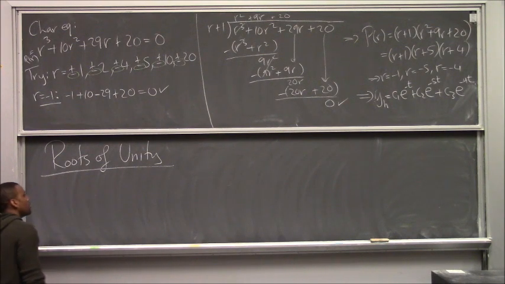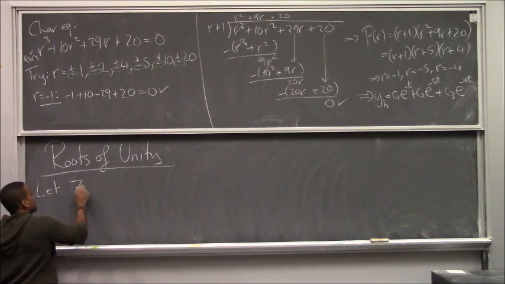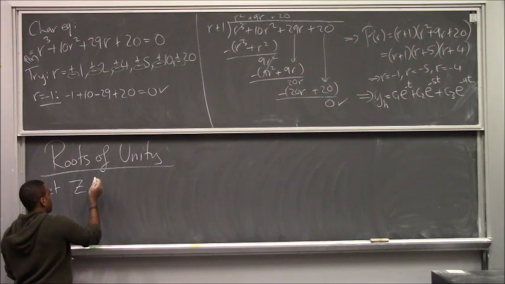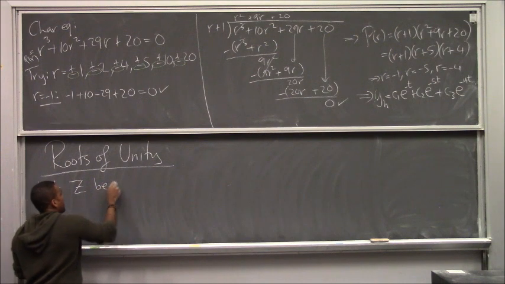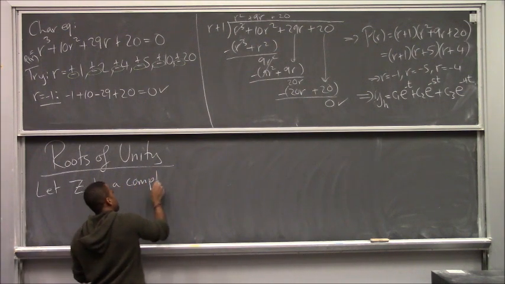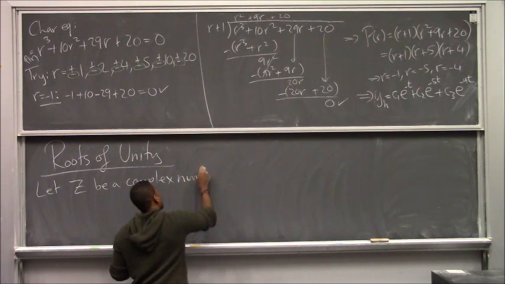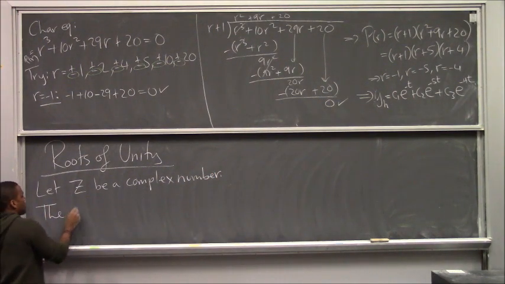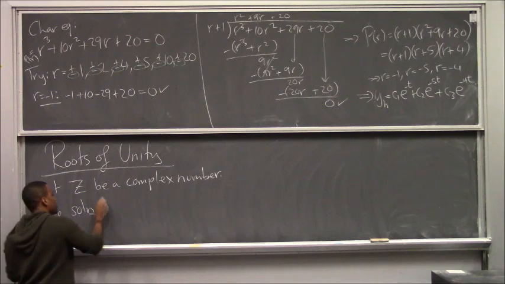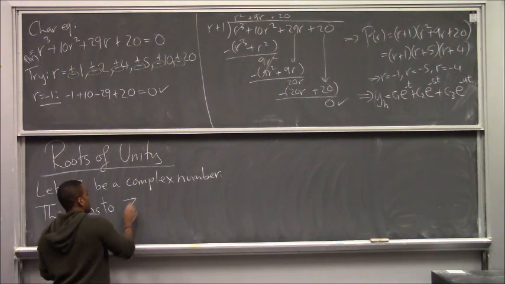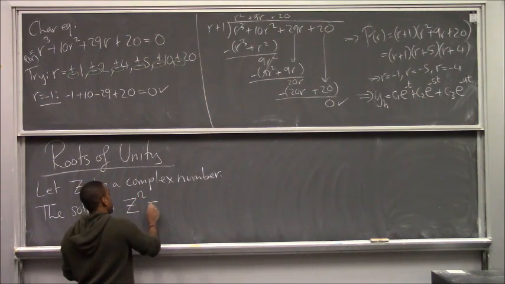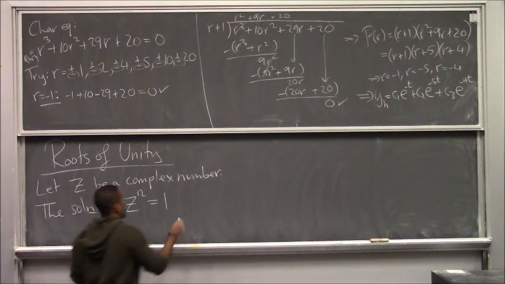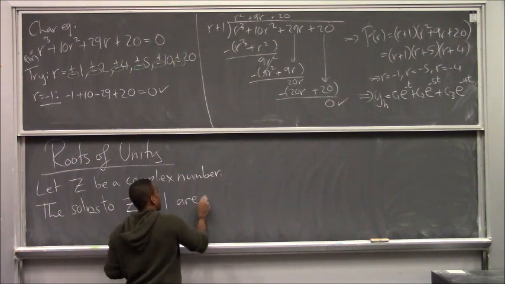What does that mean? Let Z be a complex number. Solutions to Z raised to the n equals 1 are called roots of unity.